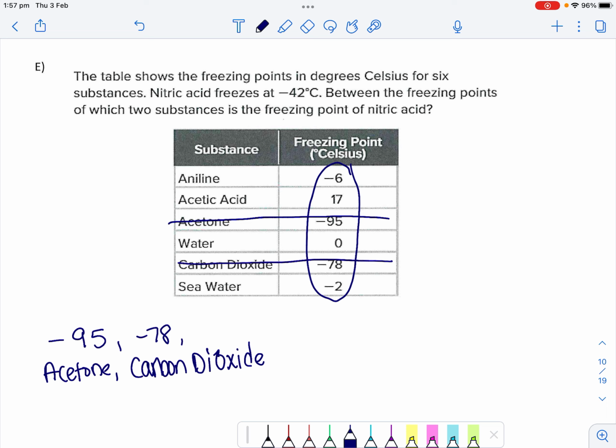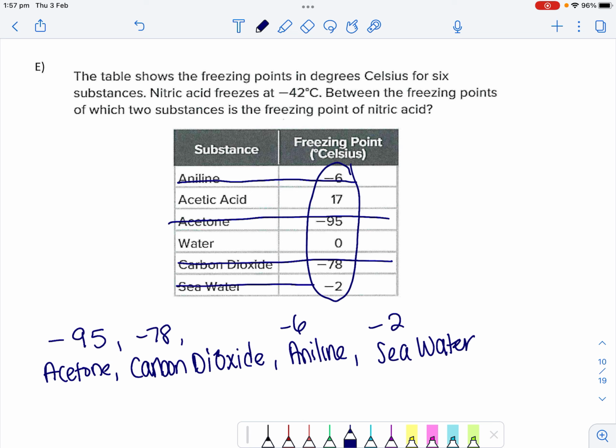Then negative 6, so aniline. Then negative 2, which is going to be seawater. Then 0, which is going to be water. And then 17 for acetic acid. Now I'm going to figure out where this negative 42 fits in.